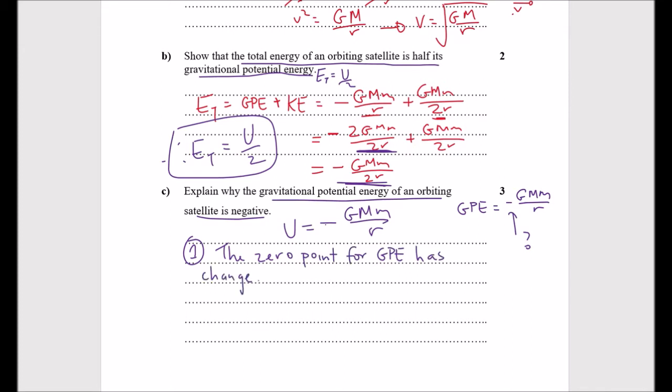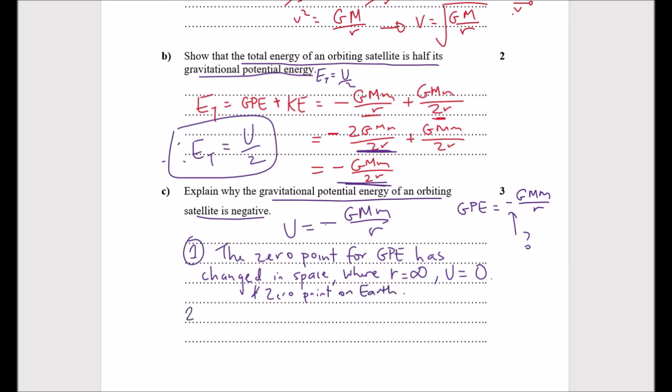The reason we define it as a negative value, firstly, is the zero point has changed in space, to where the radius is equal to infinity, where our gravitational potential is equal to zero. And also, the zero point is no longer on the Earth.